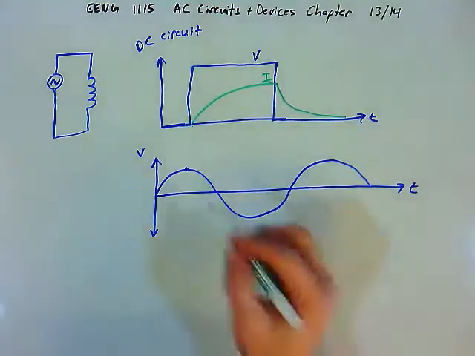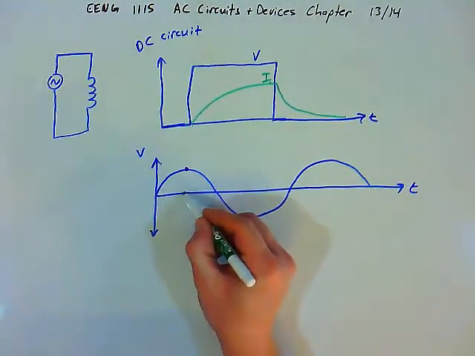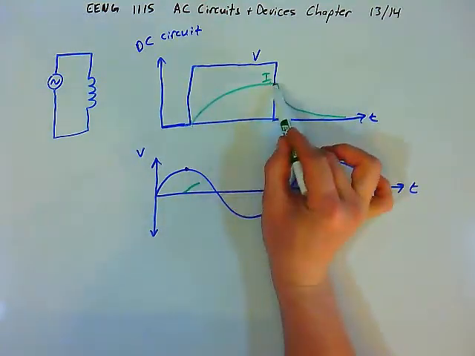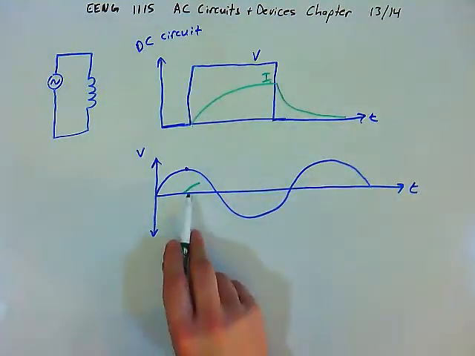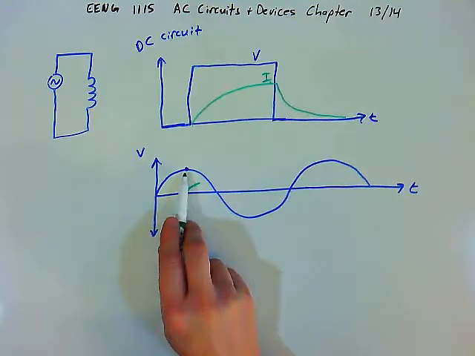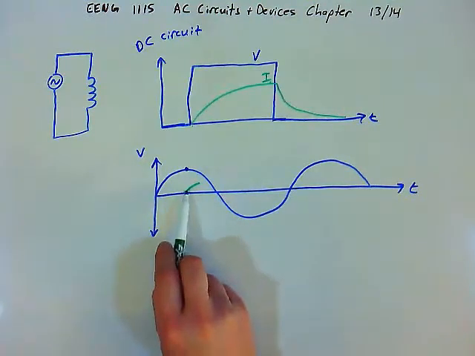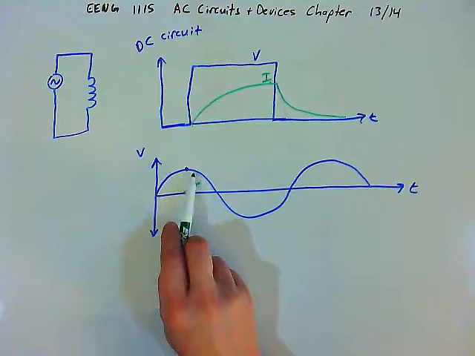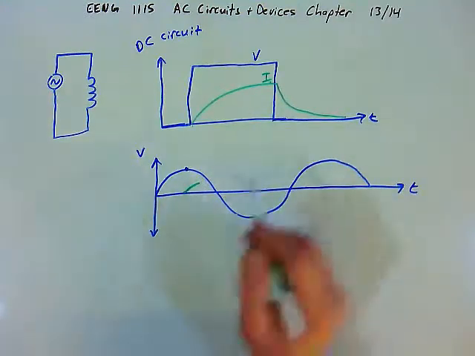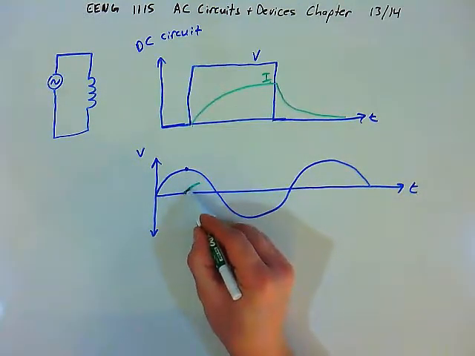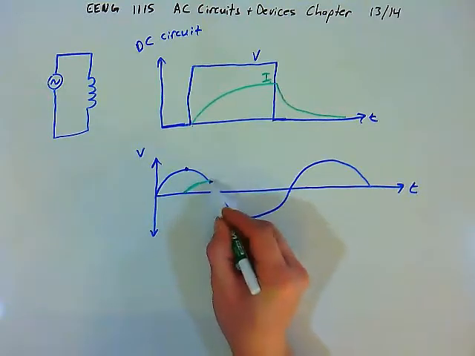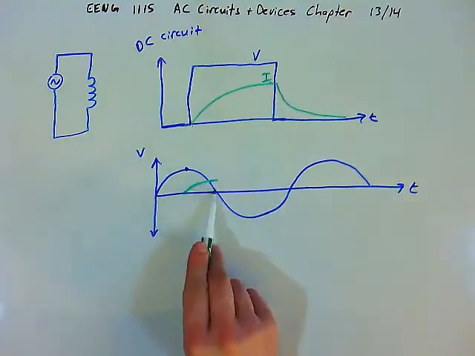When the voltage is at a maximum, the current in the circuit wants to start to rise, and it's going to rise sort of like this logarithmic curve here. Except the voltage is not a constant, right? As soon as the current starts to rise, the voltage is already starting to fall. And so the current is flowing, it's flowing, it's flowing, and the voltage starts to fall, fall, fall.